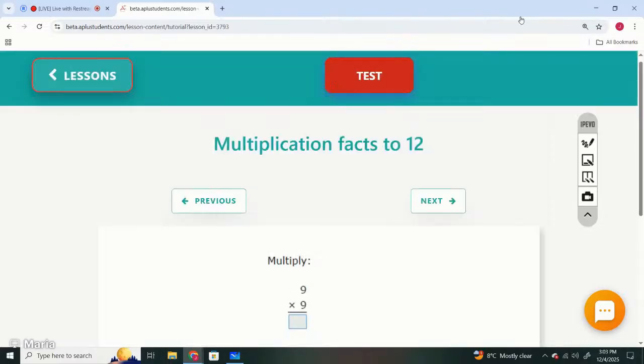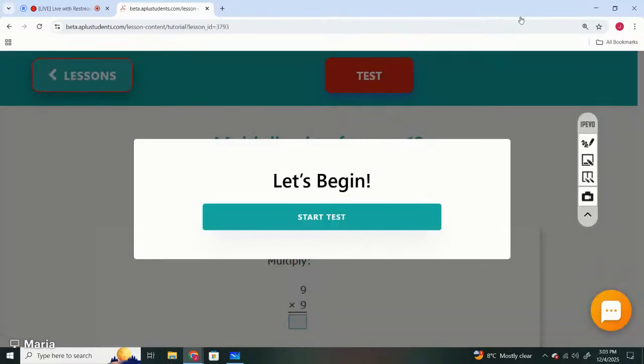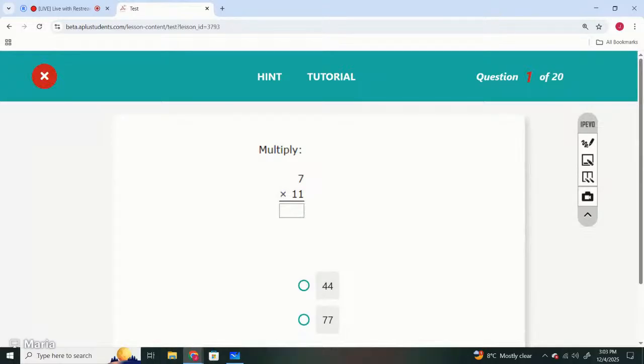Let's start with the test questions. 7 times 11. So which is the correct counter table of 11? And I think the table of 11 is the easiest one.